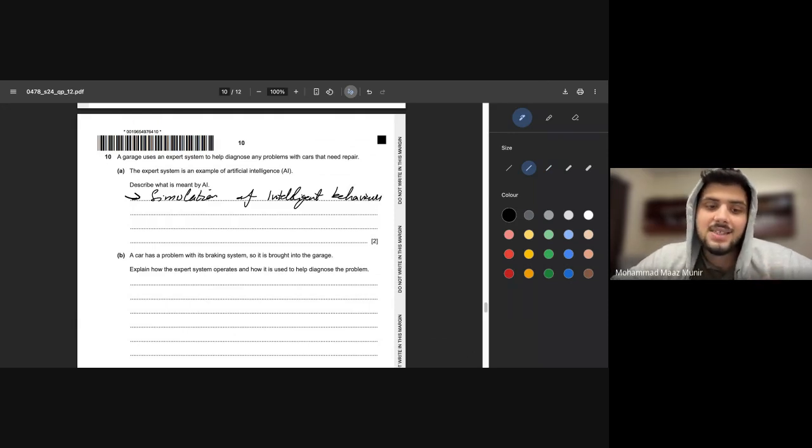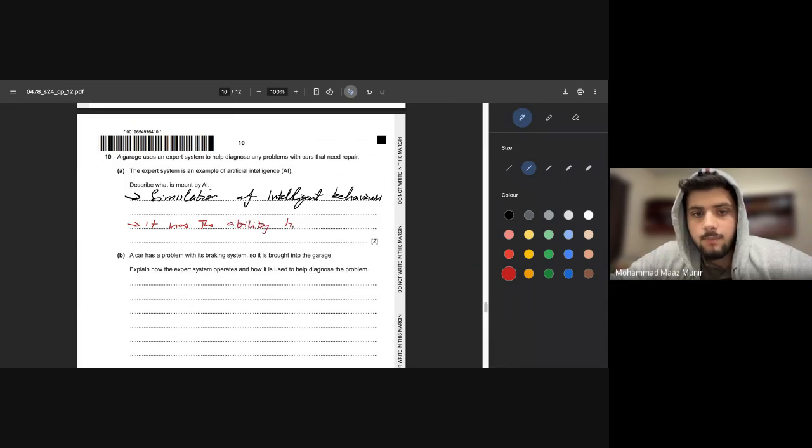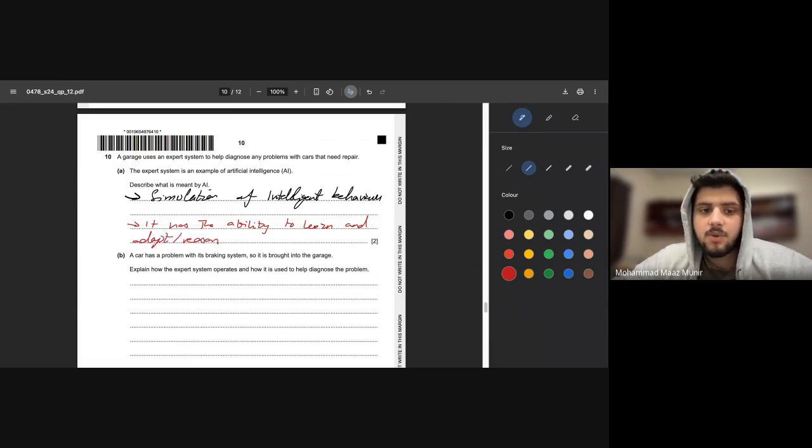You can say that it has the ability to reason, or the ability to learn and adapt. So why not try both? It has the ability to learn and adapt. Or maybe you can also talk about how it has the ability to reason. So you're going to get perfect marks for that.